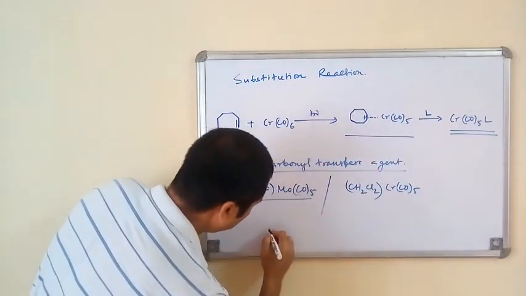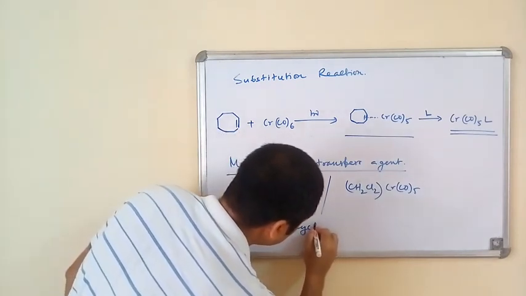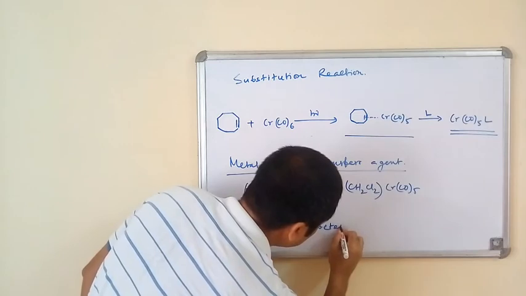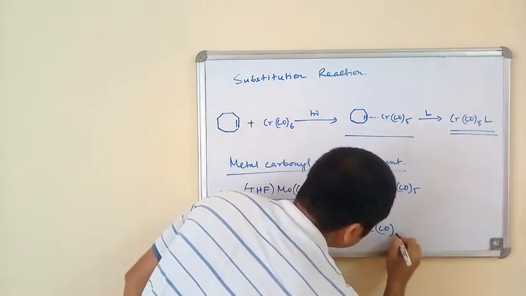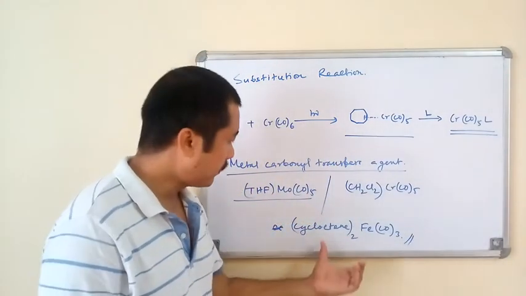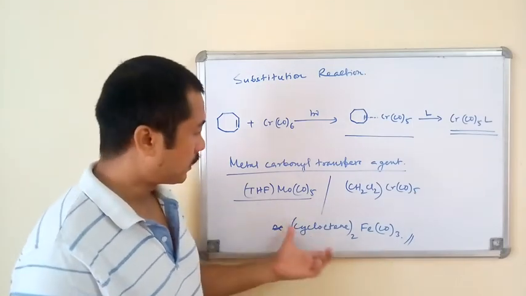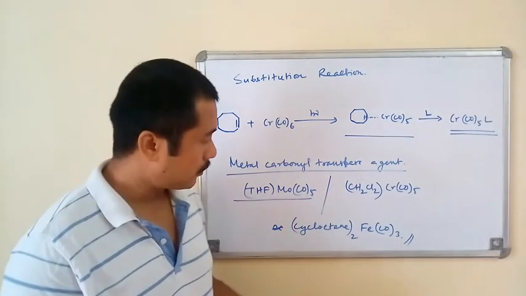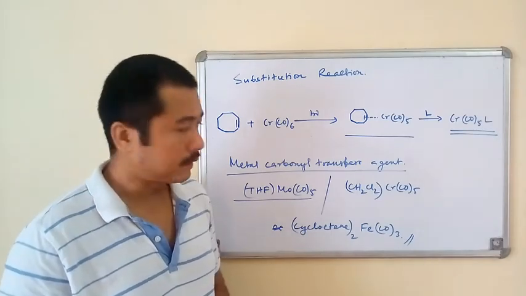Similarly, for iron, cyclooctene to FeCO3, which can be produced photochemically from FeCO5, serves as a metal carbonyl transfer agent for iron formation of different low valent iron complexes.